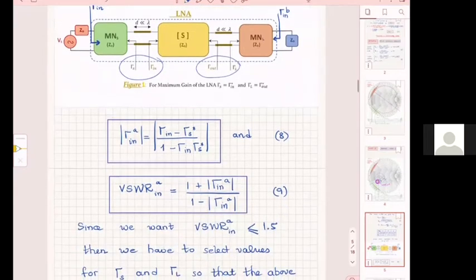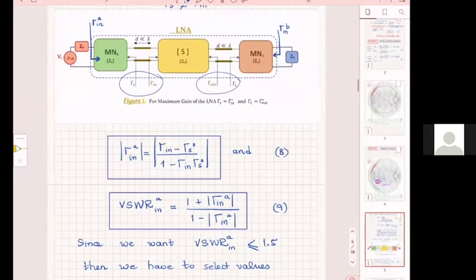All right. We also said the following, and you need to remember these formulas: if you have this matching network, the green one here, and you have gamma S here and gamma in here, and in the case where gamma in is the complex conjugate of gamma S, then gamma in alpha is going to be zero.